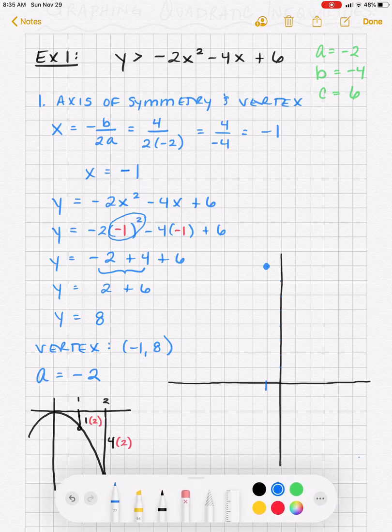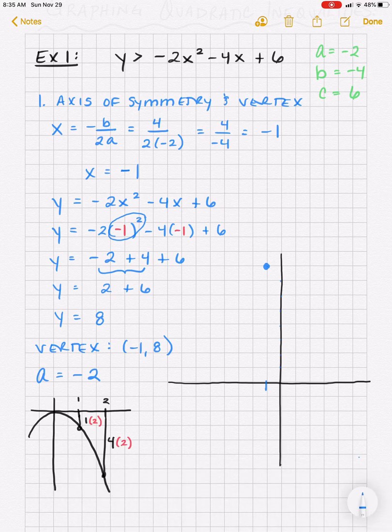So we'll move over 1 unit from the vertex and down 2, and we can reflect that point over. When we move over 2 units from the vertex, we're going to go down 8: 1, 2, 3, 4, 5, 6, 7, 8. So we can still do aspects of this without having to plug in x and y coordinates anymore, but we do unfortunately still have to do that for the vertex in standard form.